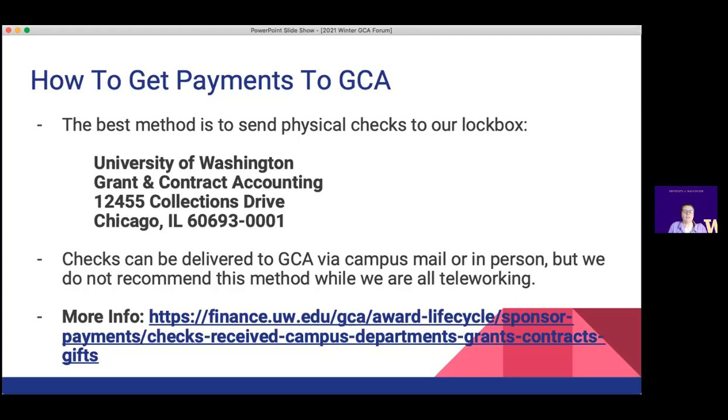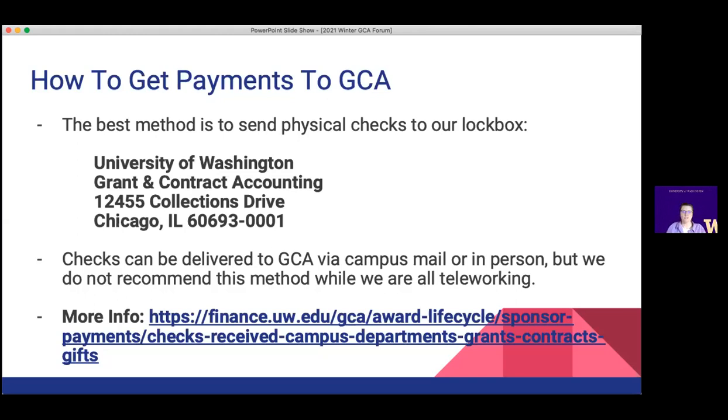One thing we noticed is that folks are trying to send maybe using FedEx or an overnight service. And the thing that's kind of funny is that the lockbox is this huge complex, they don't have a receptionist or people in there.